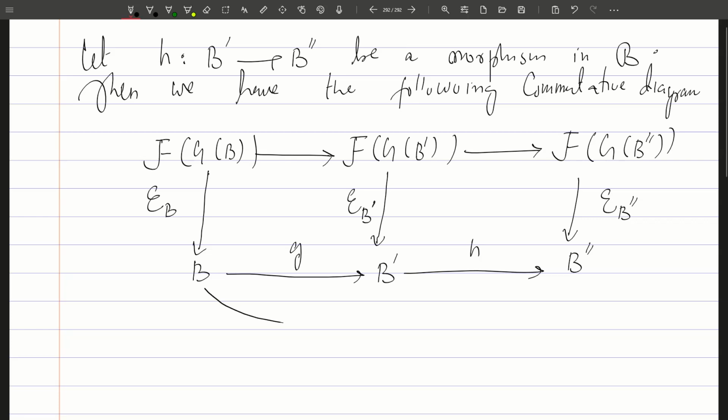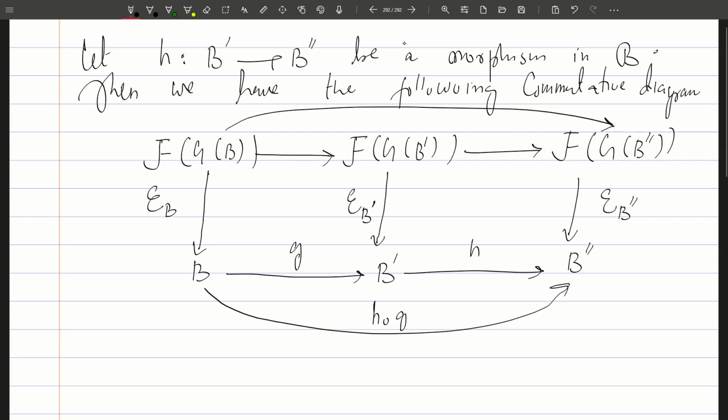One should keep in mind that this is a map h composite g.